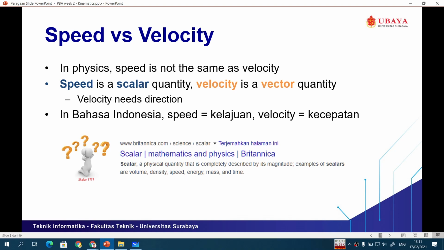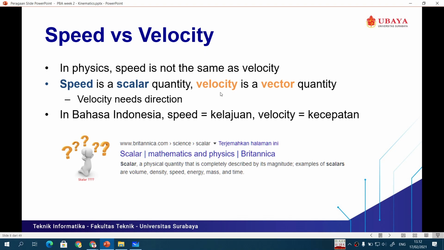One difference is that speed is a scalar quantity, while velocity is a vector quantity. What is a scalar quantity? Here I have provided one definition from Britannica: scalar, a physical quantity that is completely described by its magnitude. Examples are volume, density, speed, temperature, energy, mass, time, and so on.